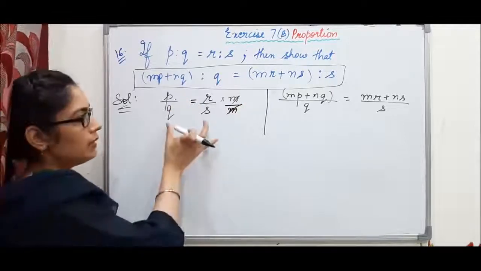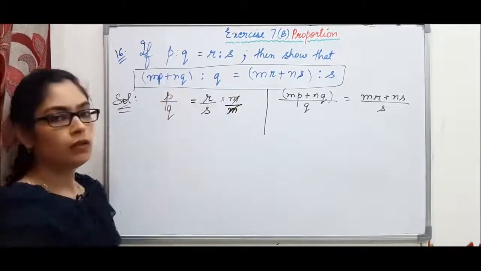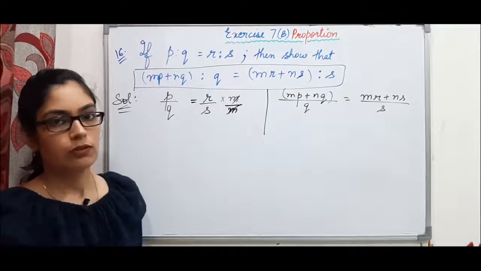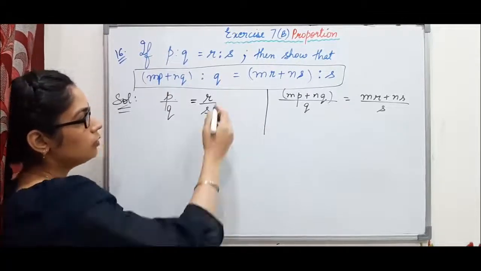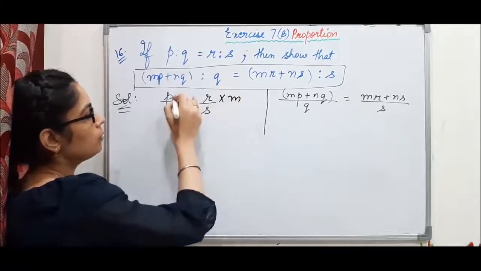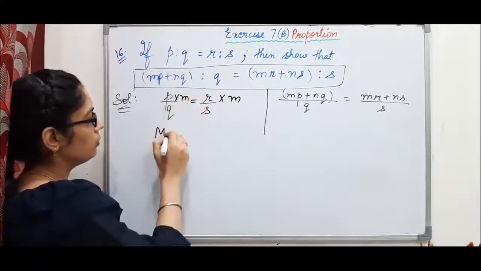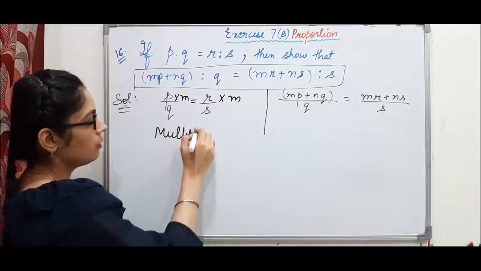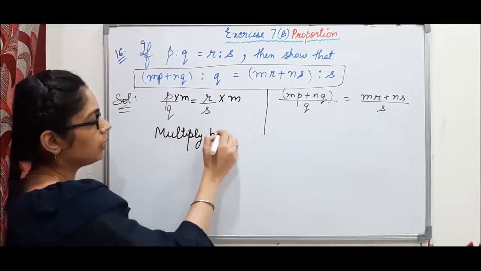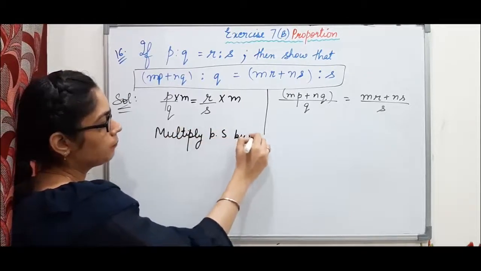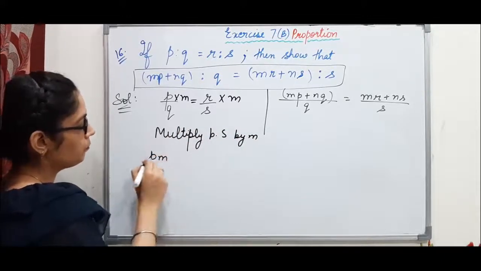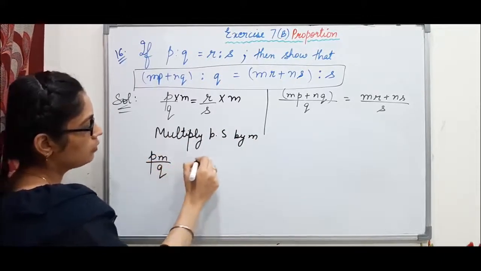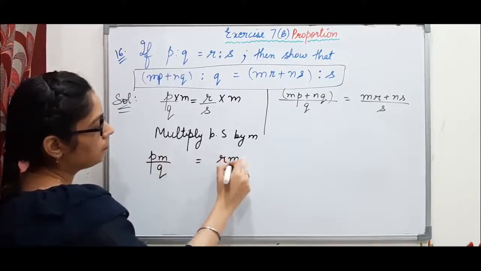So we are left with the original given thing only. So multiply both sides by m. It will become pm by q is equal to rm by s.